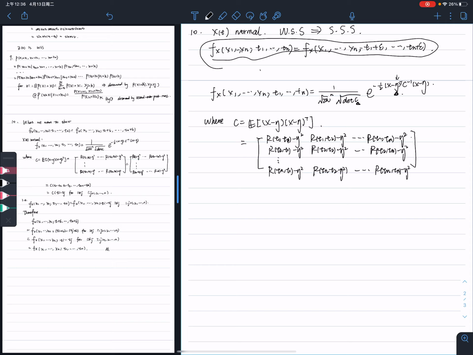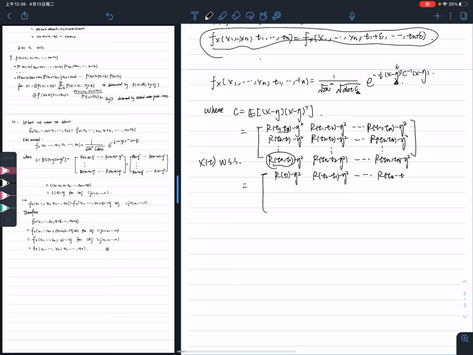By the property that X(t) is wide-sense stationary, this can be written as R(0) minus eta square for t1 minus t1, R(t2 minus t1) minus eta square, up to R(tn minus t1) minus eta square, then R(t1 minus tn) minus eta square, R(t2 minus tn) minus eta square, up to R(0) minus eta square, since tn minus tn is 0.